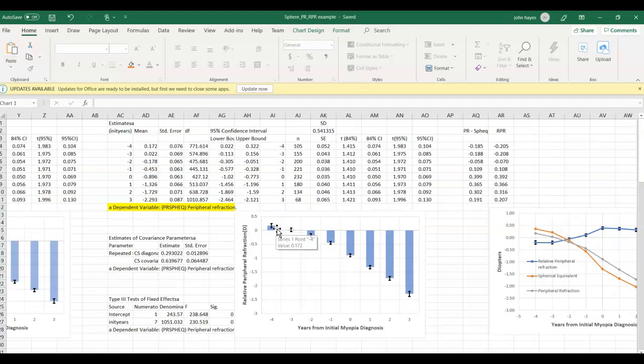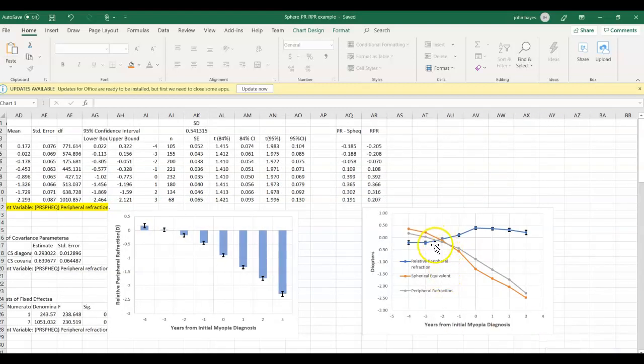Now, I find this pretty interesting because they start out in the periphery hyperopic, and then they go down, down, down, down, down. So these are all myopic peripheral spherical equivalence. Here they all are on the same chart.